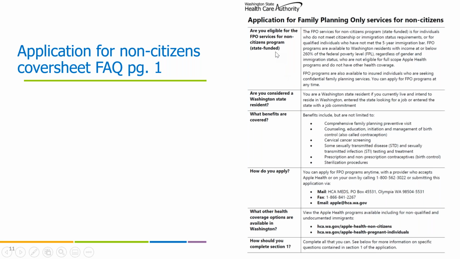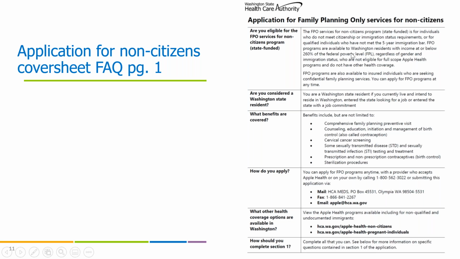The first question is, are you eligible for the family planning only (FPO) services for non-citizens program, state funded? The FPO services for non-citizens program is for individuals who do not meet citizenship or immigration status requirements, or for qualified individuals who have not met the 5-year immigration bar.